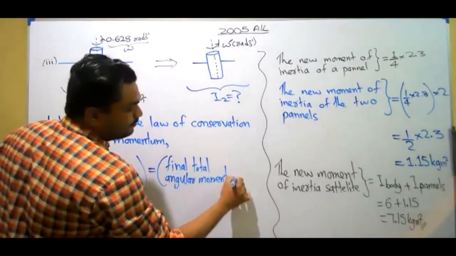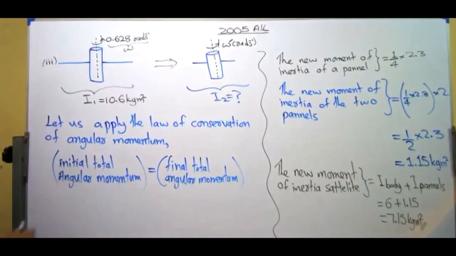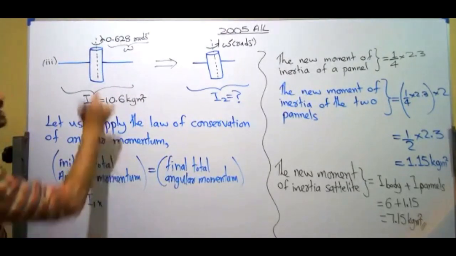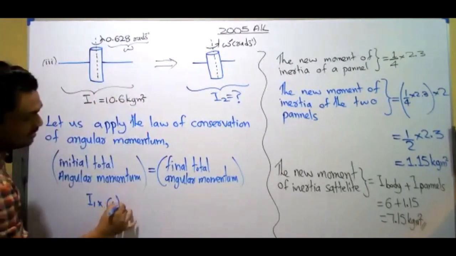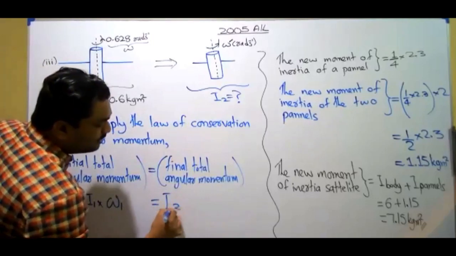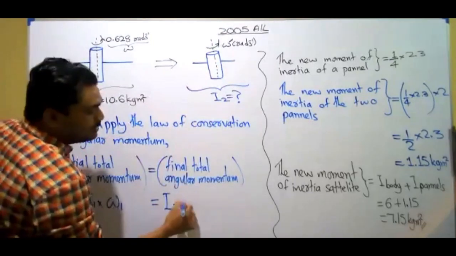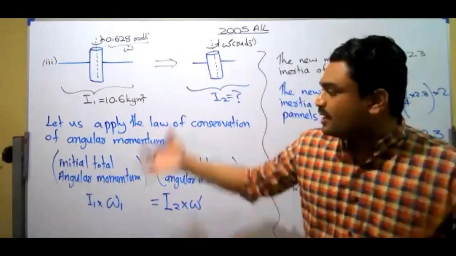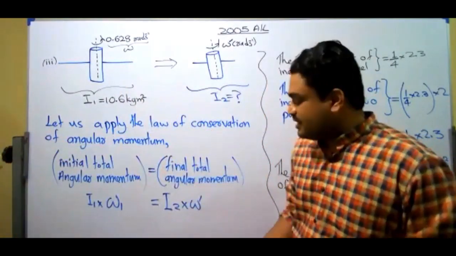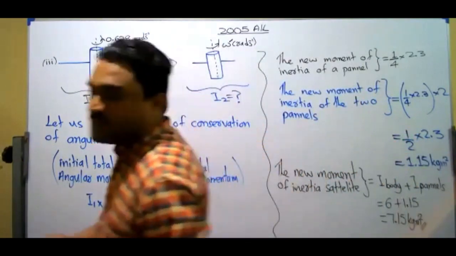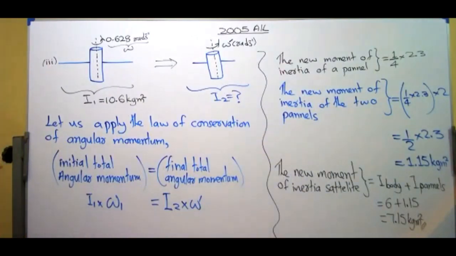Got it? Initial total angular momentum means moment of inertia I1 into angular velocity omega. Final angular momentum, moment of inertia I2 into the angular velocity omega dash. Apply this equation, write down everything, find the value of omega dash, and send your answer to my Zoom chat. I want to check whether you know it. Do it yourself.